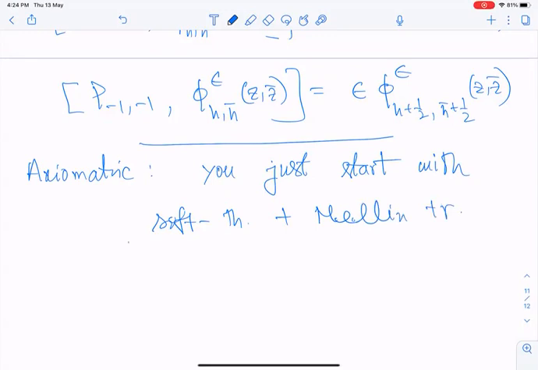And this, of course, does not require any kind of interpolating field theory, and that's all you need actually.